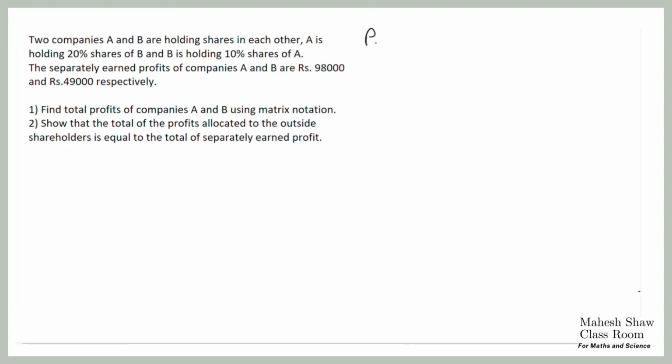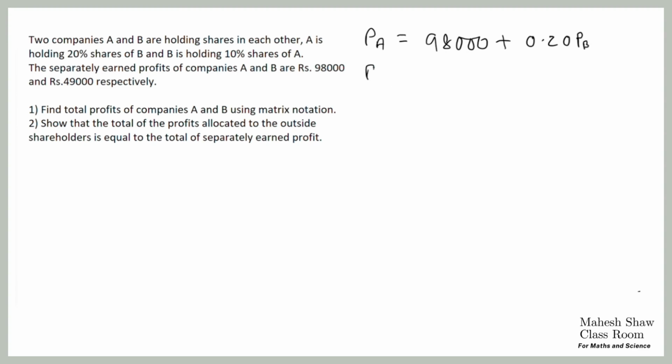For example, the profit earned by company A is 98,000 plus its share in B, that is 20%, or 0.20, of the profit made by company B. And similarly, the profit earned by B is 49,000 plus the profit from company A, of which it is holding 10%.